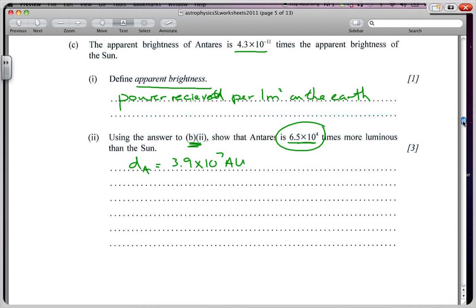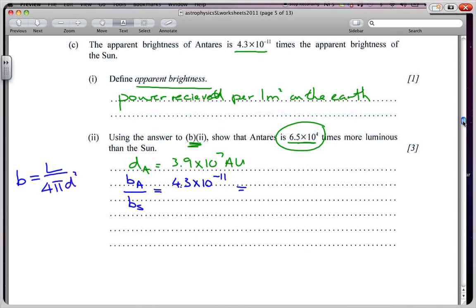We are given that the apparent brightness of Antares, so BA over B of the Sun, is 4.3 times 10 to the negative 11. And the apparent brightness is given by this formula over here. Remember, B is equal to L over 4 pi d squared.